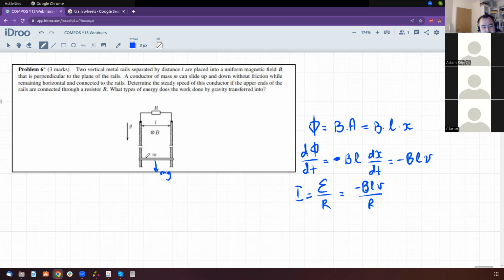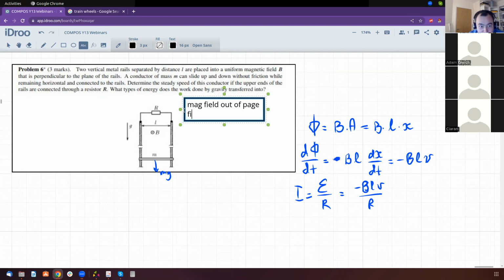On the other hand, there will be a current flowing. There's a magnetic field going out of the page, and the loop is increasing. This is important. Magnetic field out of page, flux increasing. The loop doesn't like it.